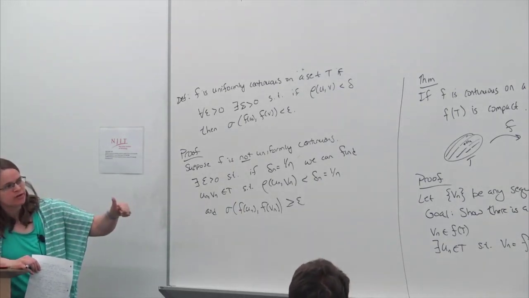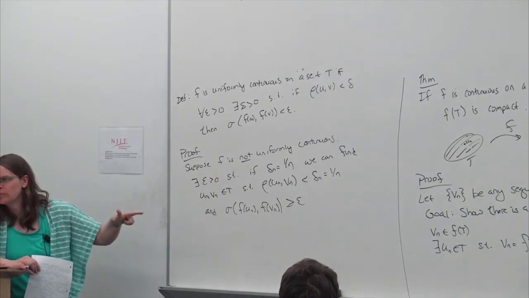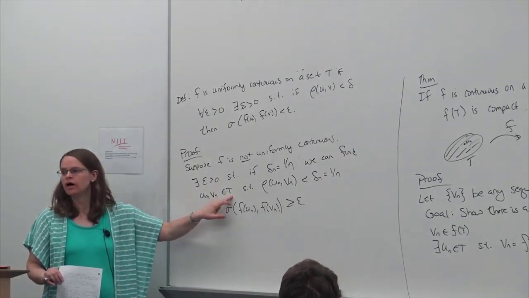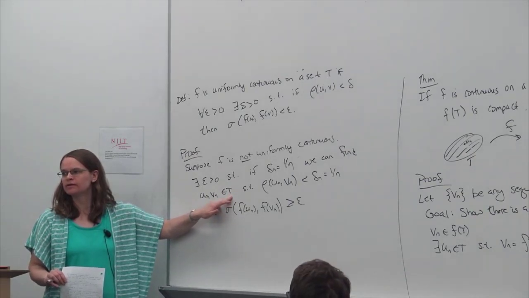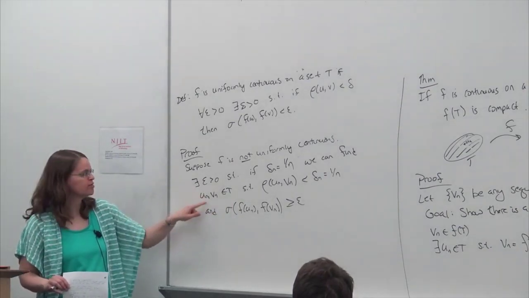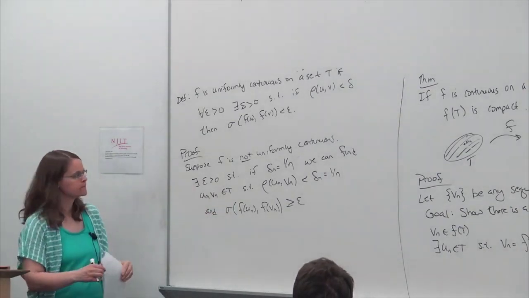We know f is continuous. We know our domain is a compact set. So what do we know since this is compact? I can get convergent subsequences of these guys. So let me start with this one, just to pick one.